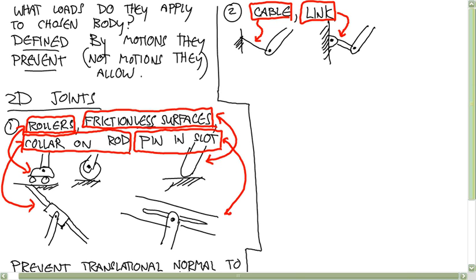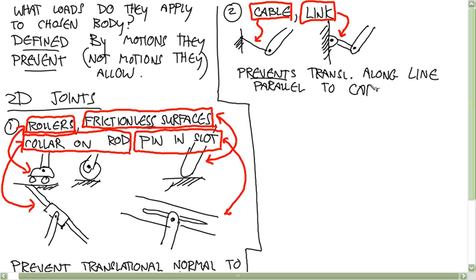What kind of motions do these prevent? One direction. Yeah, right. It only prevents translation in the direction of that cable or link, right? Along a line, I don't know. There's got to be a better way to say this, but parallel to the cable or link. How about just along the cable or link?